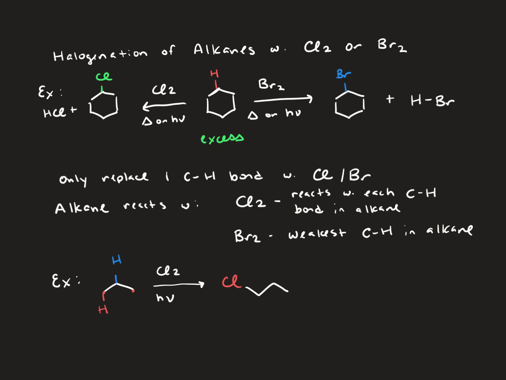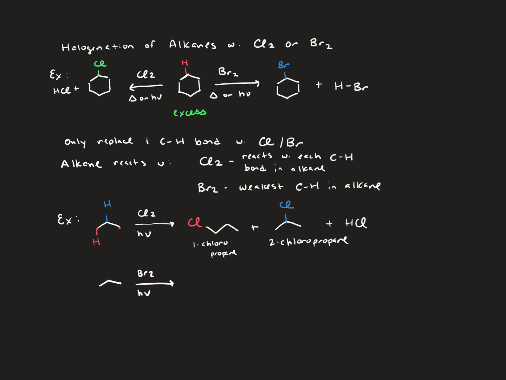That gives us 1 isomer. We can also react on the middle carbon to give us something that looks like this. This is another product. So we have 1-chloropropane and 2-chloropropane, and both are products that you're going to see. You also get HCl as a side product, which we'll mention.